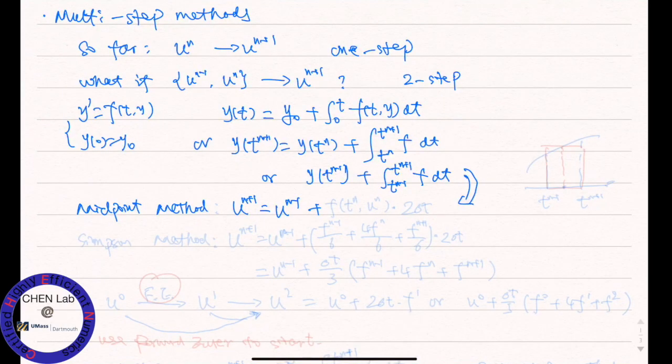If we use the midpoint, which is f at t_n, the midpoint of t_{n-1} to t_{n+1}, it's the midpoint for that integral. So f at t_n, and you replace y_n by u_n, times what? Delta t or 2 delta t? 2 delta t.